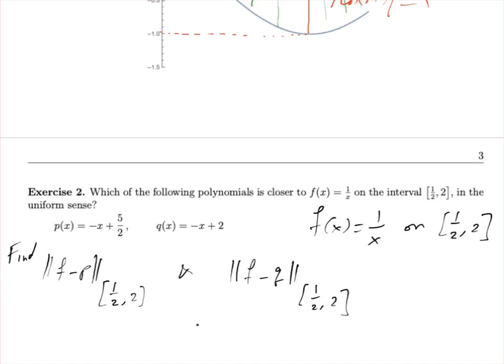Then you can take the absolute value of the differences at the critical points and the endpoints, and based on those results, you can tell what the norm is. The norm is the maximum of the absolute value of the difference between f and p and between f and q. And then once you get those two norms, compare.